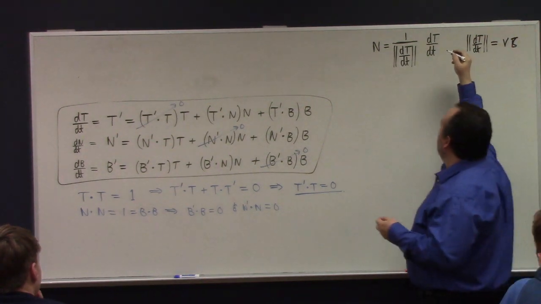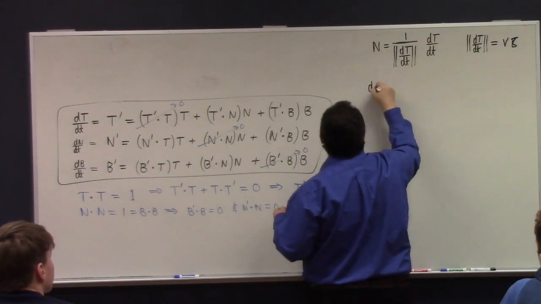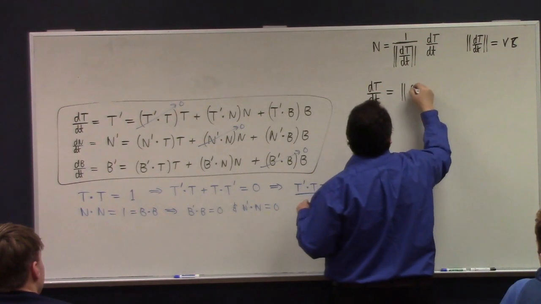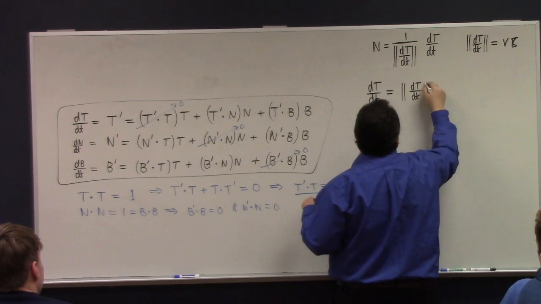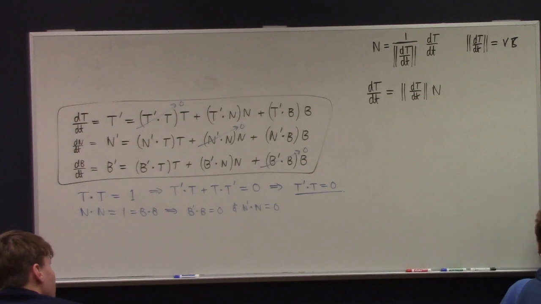Okay? So this gives us then, I'm going to solve this for dT/dt. So we've got dT/dt is equal to the magnitude of dT/dt times N, which I could have written like to start with. But then this is what?